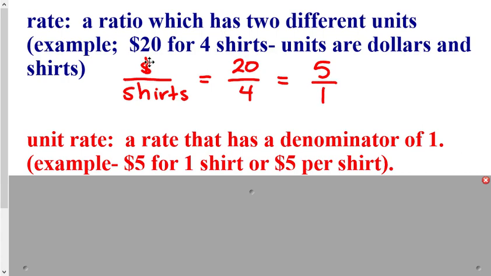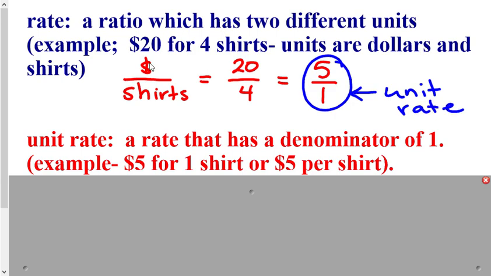While both of those are rates, this one is a unit rate, and what makes it a unit rate is that one of our numbers is 1. We typically would not say $5 for 1 shirt. We would say $5 per shirt.